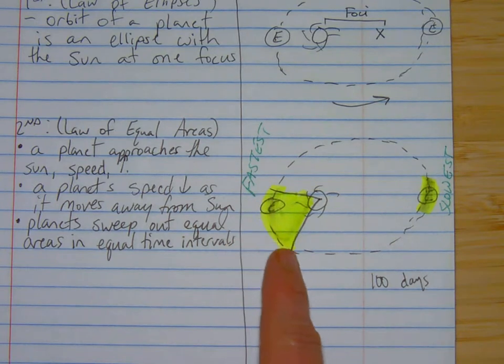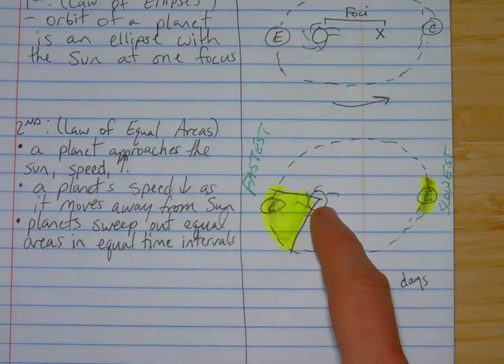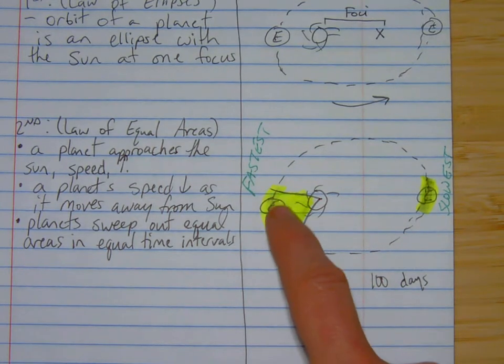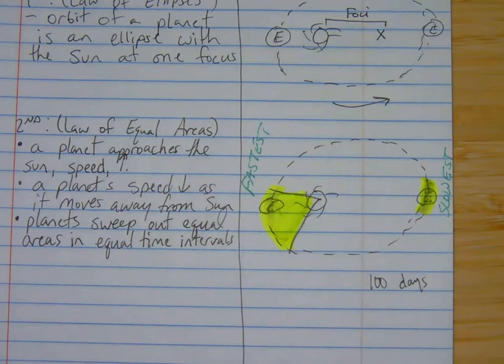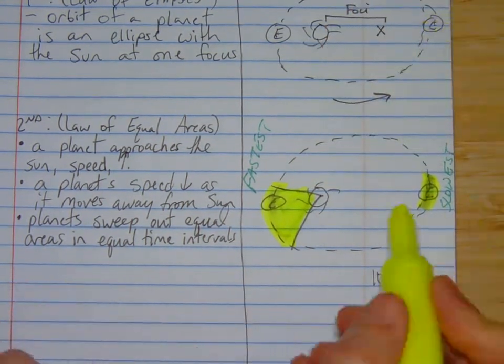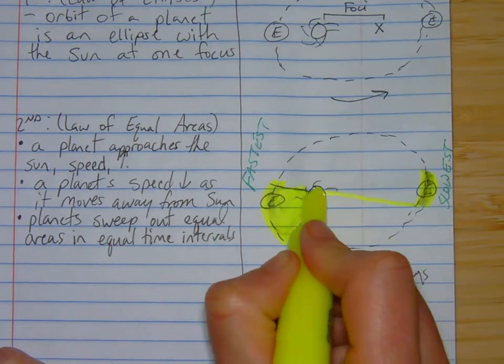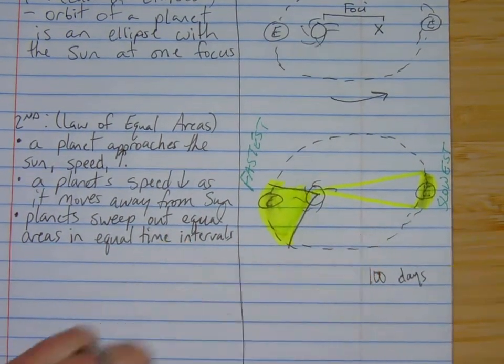So we covered a long distance on the actual orbit, but since the sun is relatively close, the area is just that space. Whereas over here, we didn't cover very far in the orbital path, but to get to the focus, to get back to the sun, we've really got to reach out.